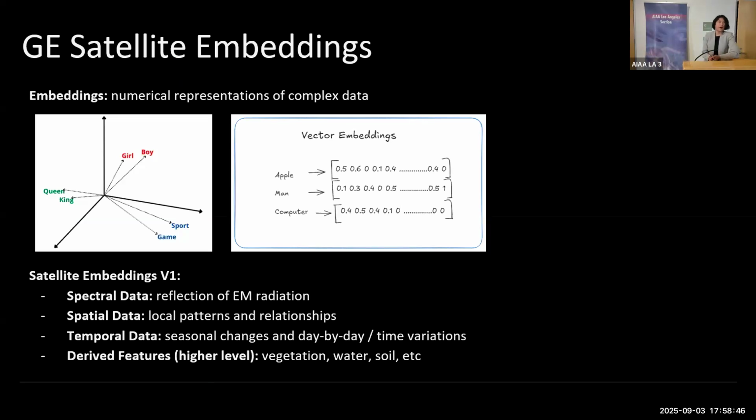So a little bit more context of what a satellite embedding is. Put simply, an embedding is a numerical representation of a complex data set. When you're training a machine learning model, computers don't understand abstract concepts that humans do, such as words.